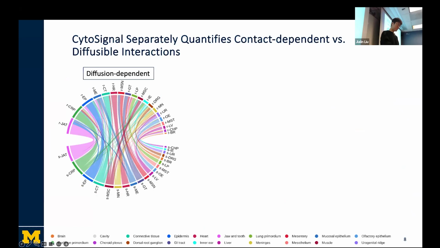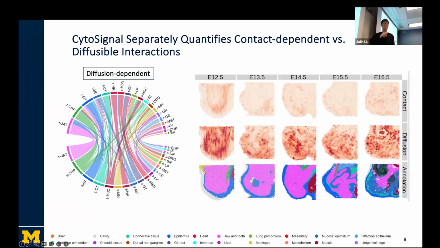Since CytoSignal models diffusion-dependent interactions and contact-dependent interactions separately, our next question was: if you can model them separately, could you identify differences between these two categories? Here we applied CytoSignal on a mouse embryo atlas measured by Stereo-seq. It has data sets from E12.5 all the way to E16.5, and we applied it on each single slide of the data.